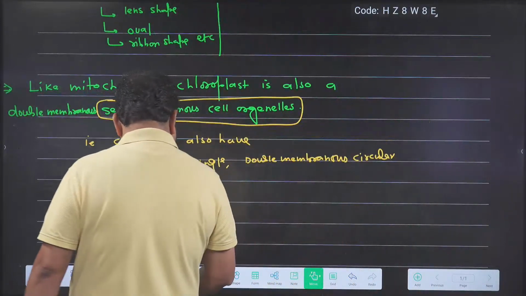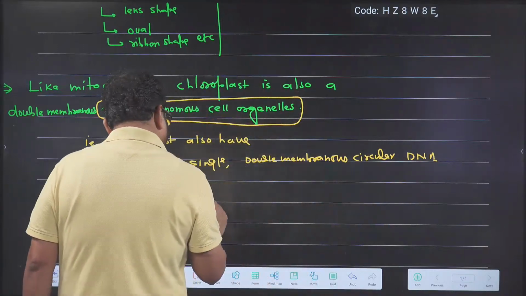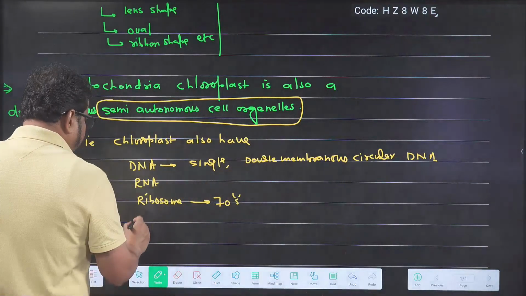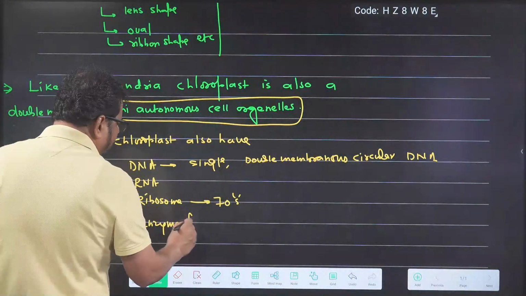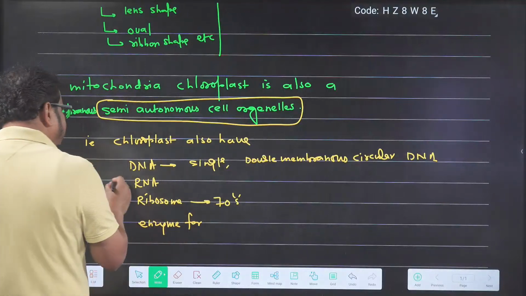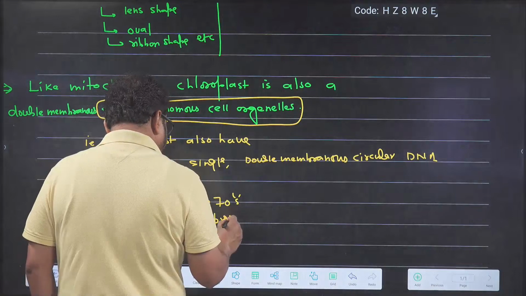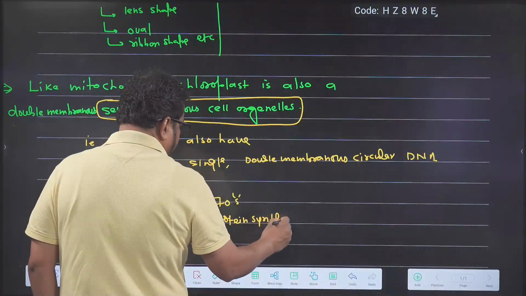Single double membranous circular DNA is present in chloroplast also. Ribosome is 70S in chloroplast also. Enzymes for protein synthesis are also there. So whoever is semi-autonomous must have these things. Enzymes for protein synthesis are also present in the chloroplast.